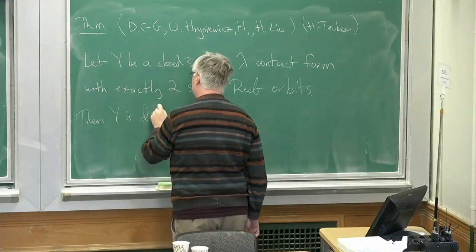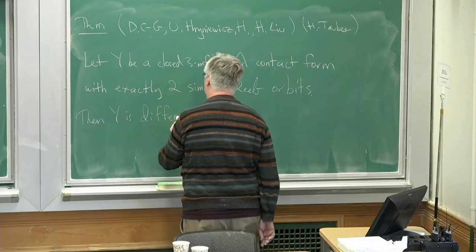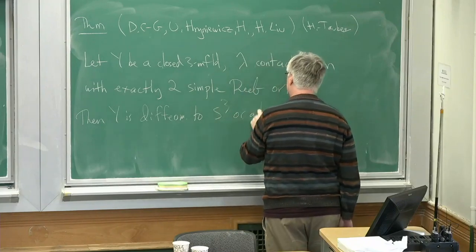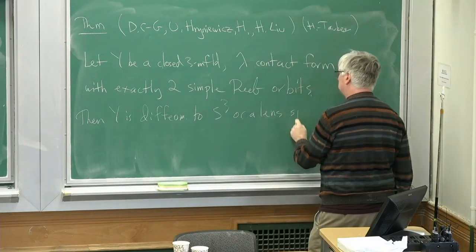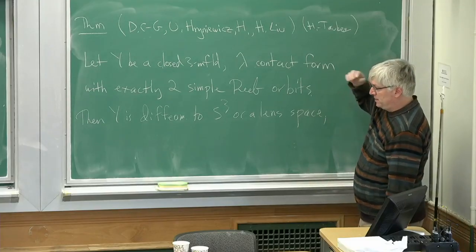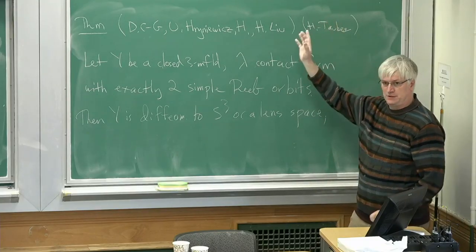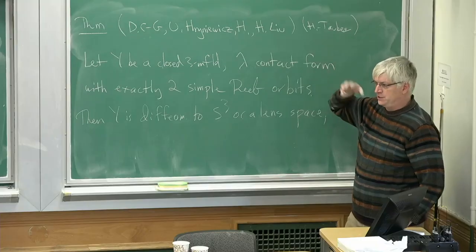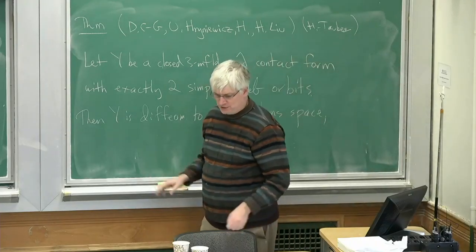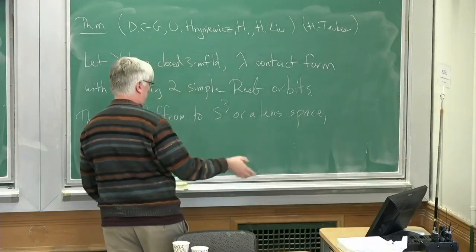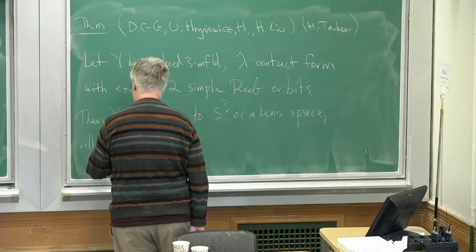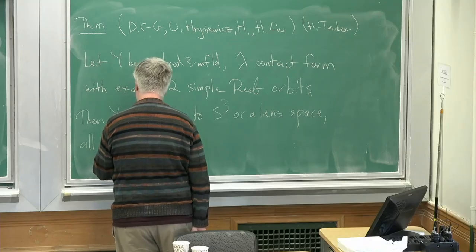Then Y is diffeomorphic to S3 or a lens space. And there's various numerical data like the periods and some other things like contact volume and rotation numbers and so on. You can read the precise statement in the paper. To be imprecise, I'll just say that all numerical data agrees with the above examples.